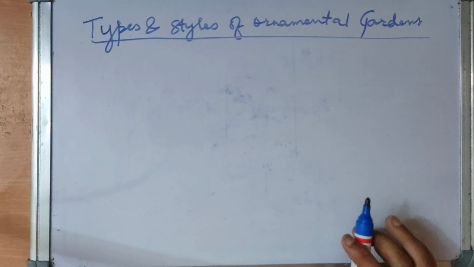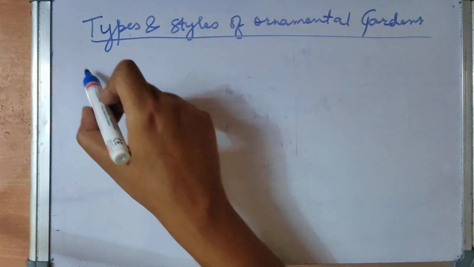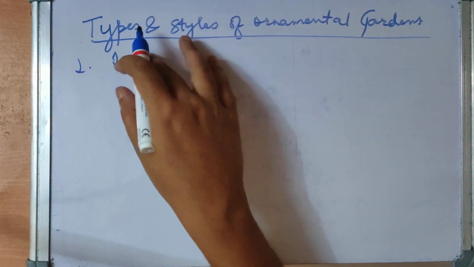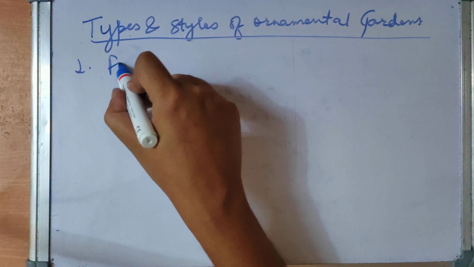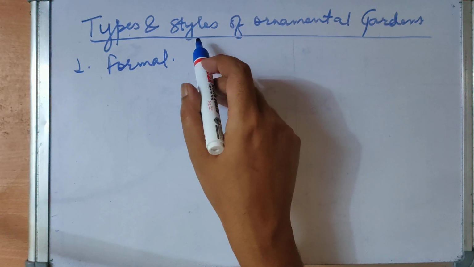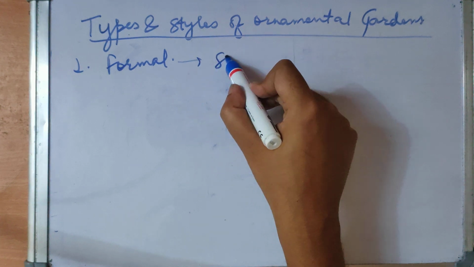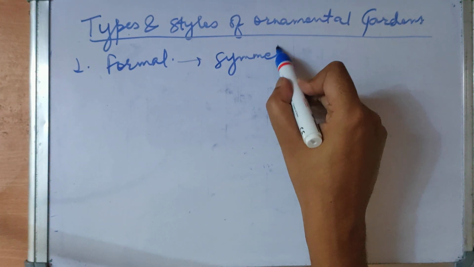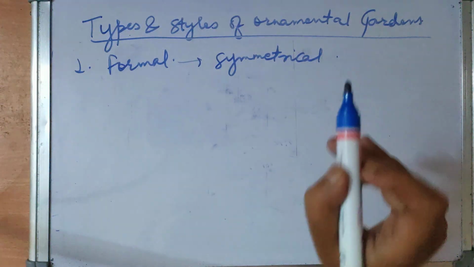So there are two types mainly, formal style and informal style. First of all, we will deal with formal style. Formal style is symmetrical and uses geometry. Through the use of geometry, we have made it look very symmetrical.